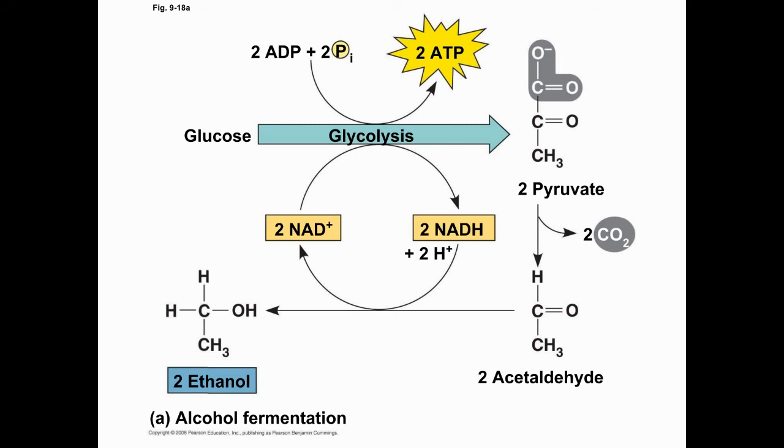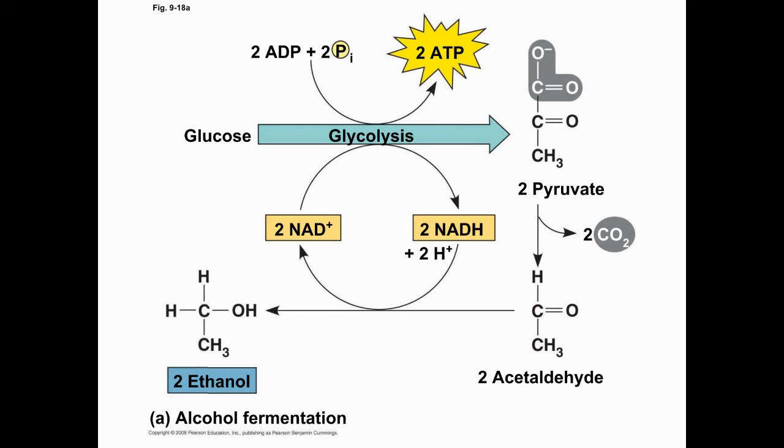Carbon dioxide is released, and the NADH is regenerated back to NAD+, which allows glycolysis to continue to occur. So from the fermentation part, there's no energy produced. We're simply regenerating supplies of NAD+ to allow glycolysis to continue. The energy is produced from glycolysis.